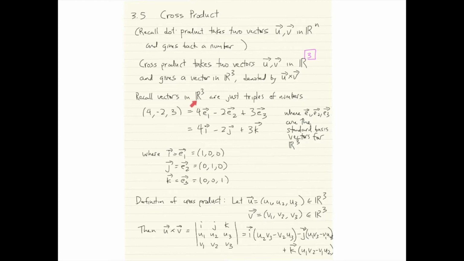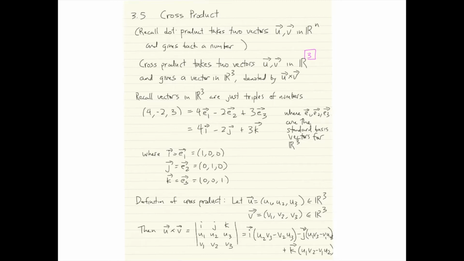Vectors in R3 are just triples of numbers, like 4, -1, 3. That's a vector in R3, as an arrow. It starts at the origin and ends at this point. And we can write this vector as a linear combination of the standard basis vectors e1, e2, and e3. e1, remember, is 1, 0, 0, and likewise for e2 and e3.